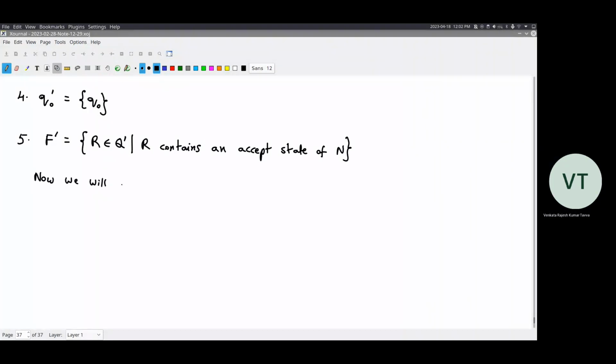Now, so the proof is done, assuming we are not dealing with epsilon arrows. So now we will extend the proof by including epsilon arrows. Okay.